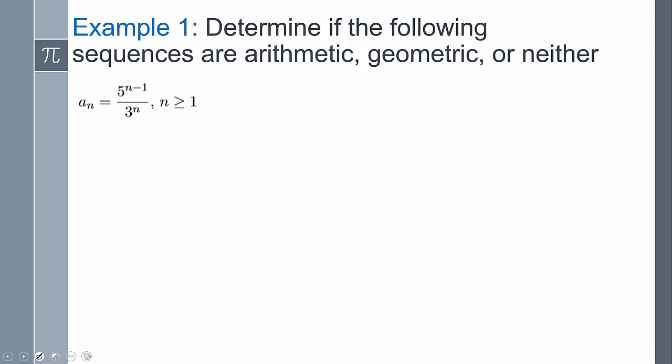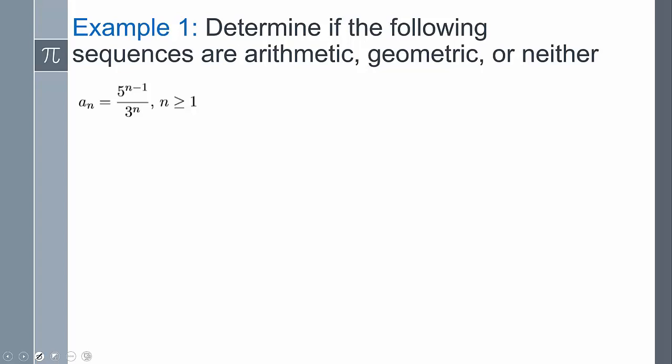So let's look at this first one. Let's determine if the following is arithmetic, geometric, or neither. There's actually a couple of ways we can go about this, but we can just find a few values in the sequence and check whether it's changing by the same value every time.